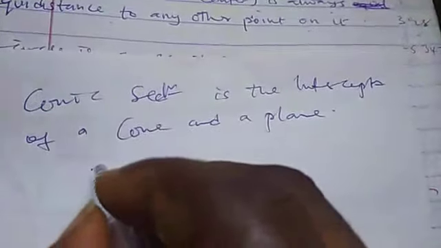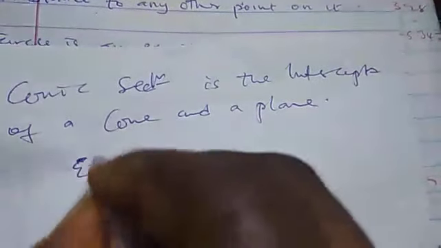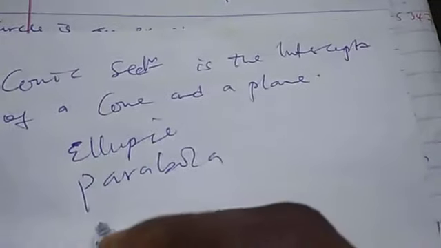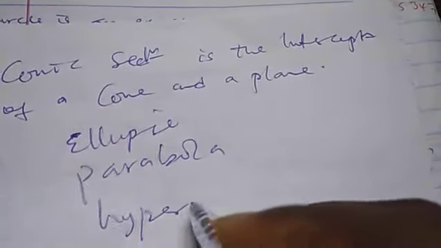So from the conic section, we normally have what we call ellipse, parabola, and hyperbola. So these are the three conic sections.